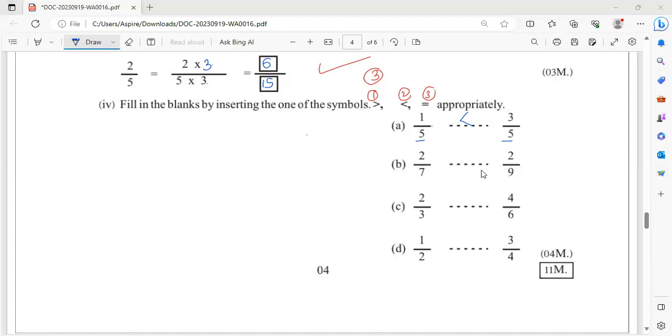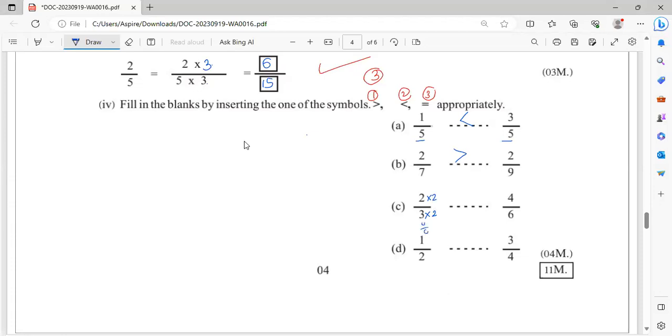In such cases, you have to check the numerator. Numerator is equal and we choose the fraction with the smallest denominator as the larger fraction. Then if we consider these two, we can convert 3 into 6 by multiplying by 2. Then it becomes 4 over 6.